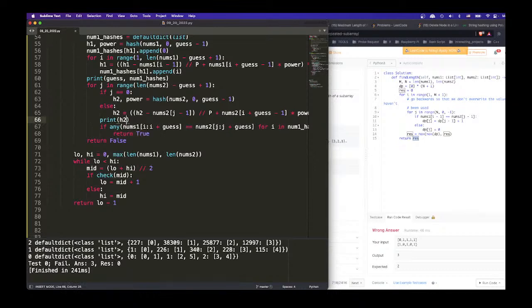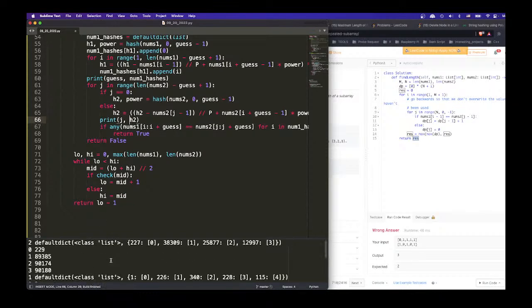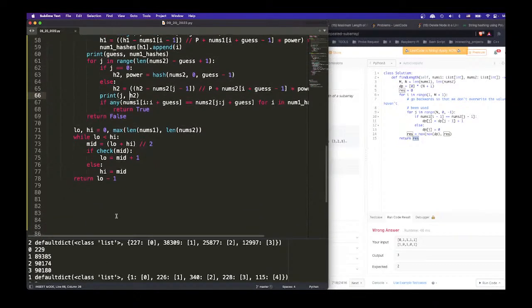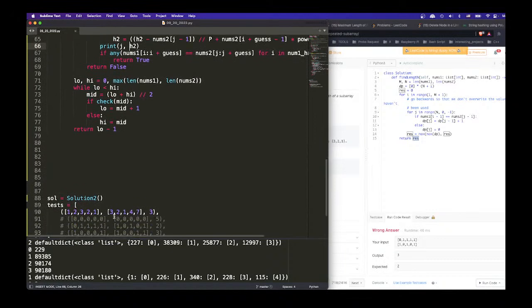h2. Let's print h2 and j and h2. Cannot see. All right, so that is very strange. 0, 1. I'd expect 2, 1 to be equal to 1, 2, 9, 9, 7.